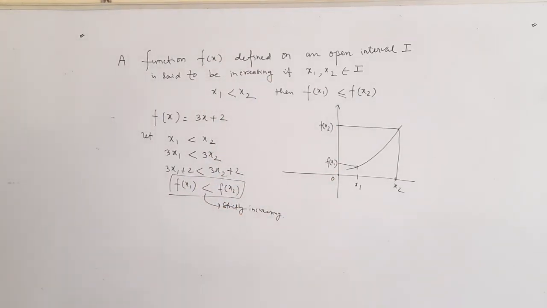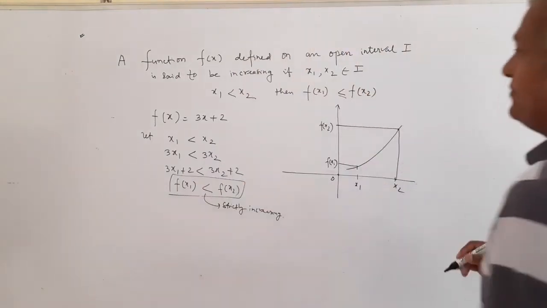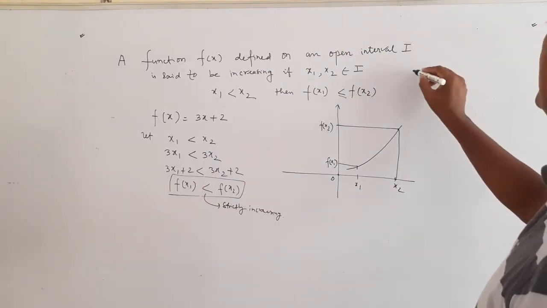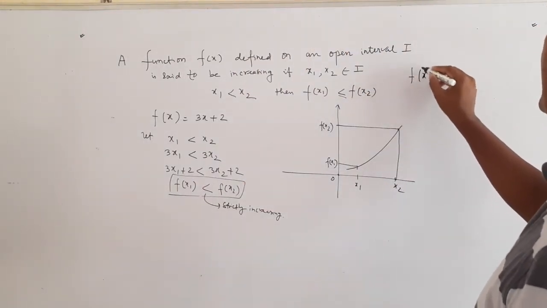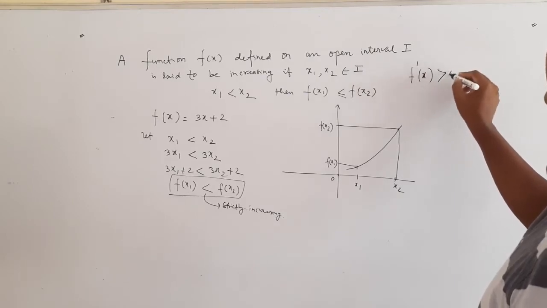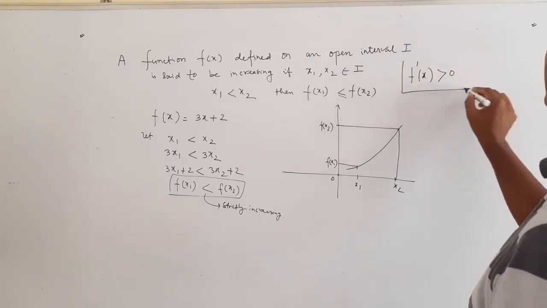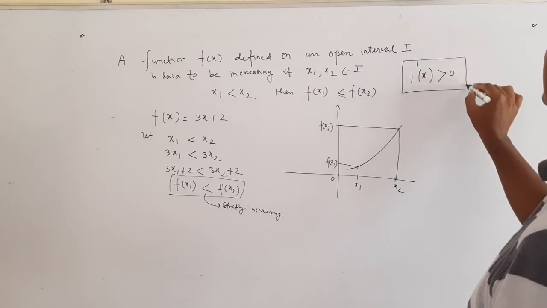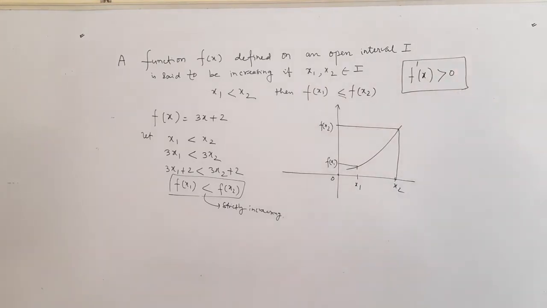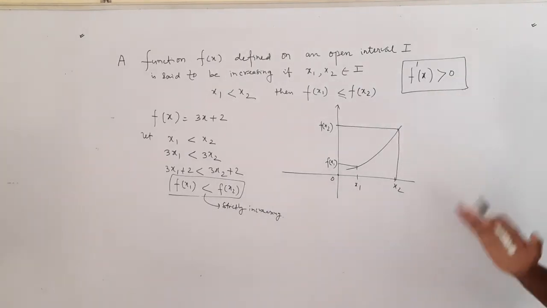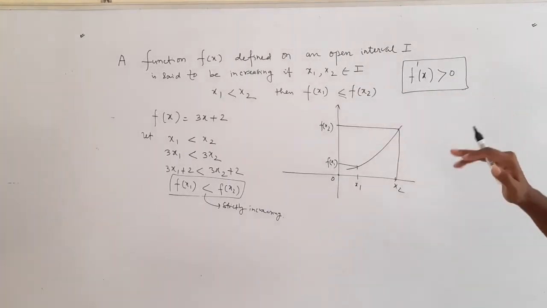Now we have to use the application of derivative, and the theorem says that a function is increasing in an open interval if f'(x) is greater than or equal to 0. Greater than 0 means positive, and greater than or equal to means 0 and positive, then the function is increasing.